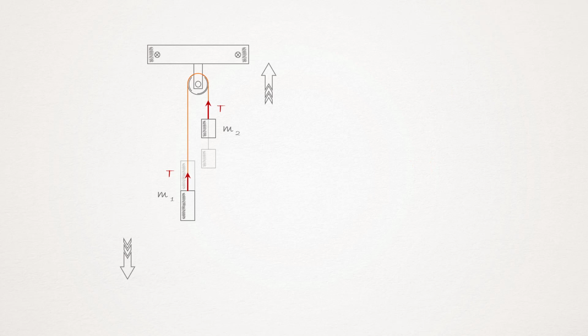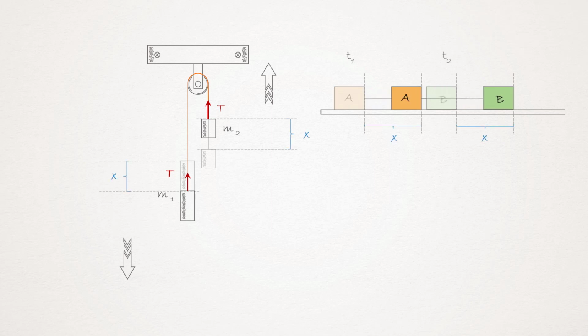By the way, the pulley also experiences T at multiple points, but we are not concerned with the pulley at the moment. There is another connection to be mentioned. Since the objects are connected by the string, when one moves a distance x, the other covers the same distance, and they do it in the same time interval.